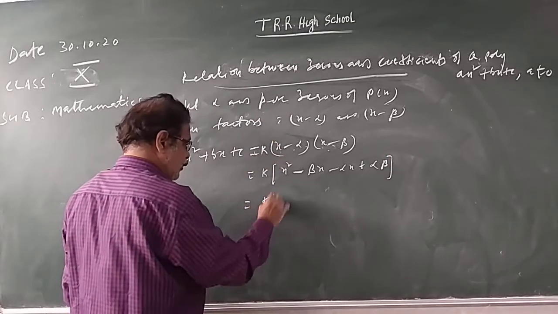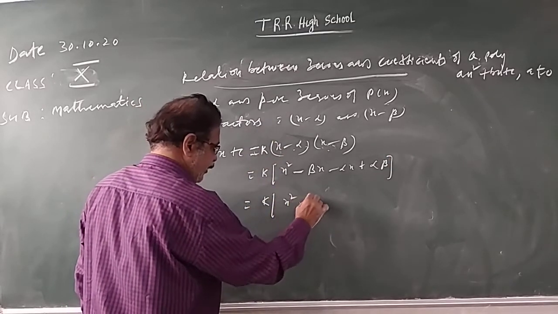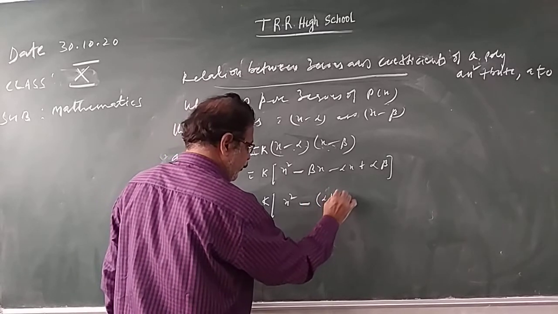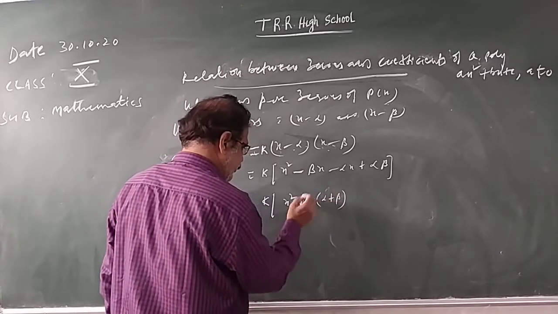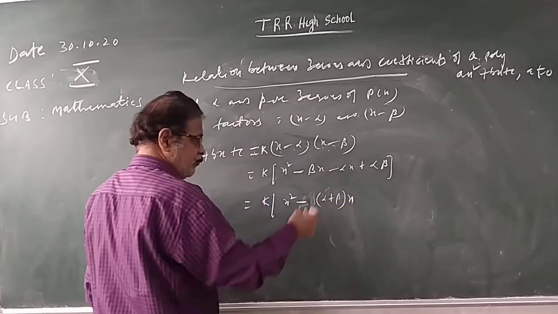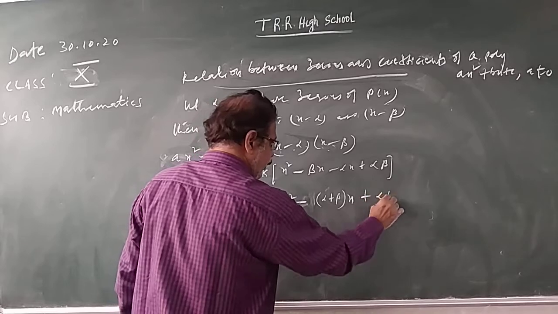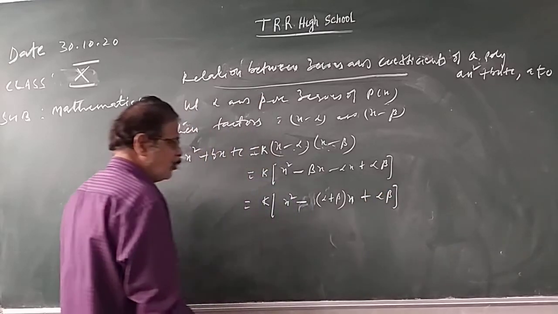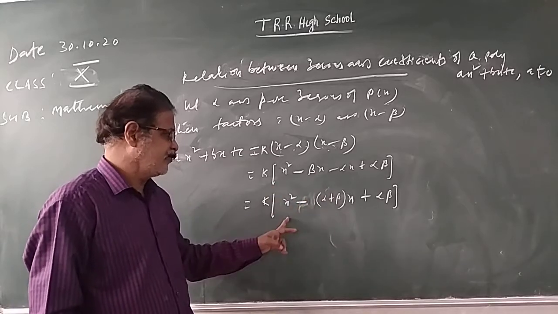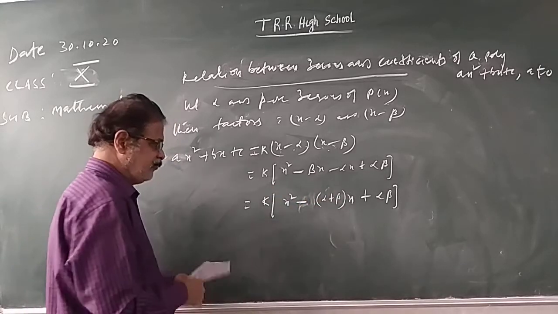So k into x square, taking minus x common, alpha plus beta, plus alpha beta: x square minus alpha plus beta x plus alpha beta.